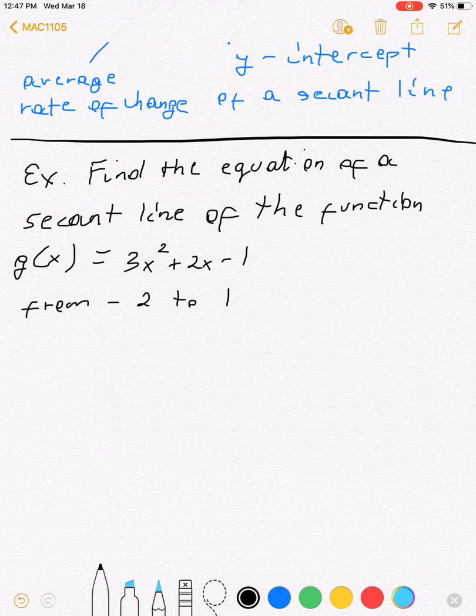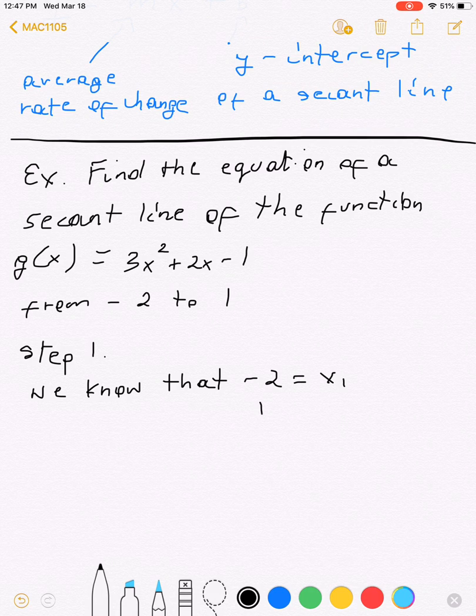Let's start with step 1. We know that -2 is just x1, and 1 is just x2.